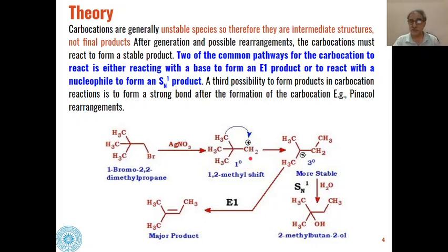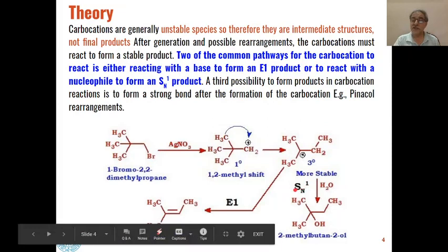This primary carbocation, by shifting of this methyl group to this position, will change into a more stable tertiary carbocation. Now this tertiary carbocation, because it is more stable, will get converted into a product, and the product formation can take place by two methods.